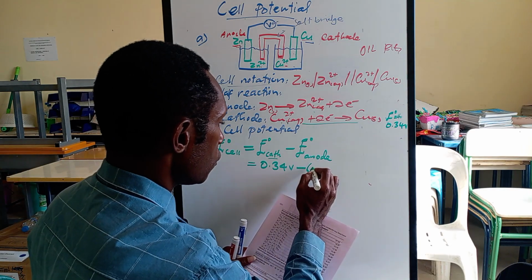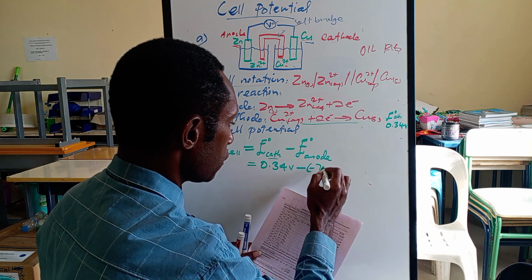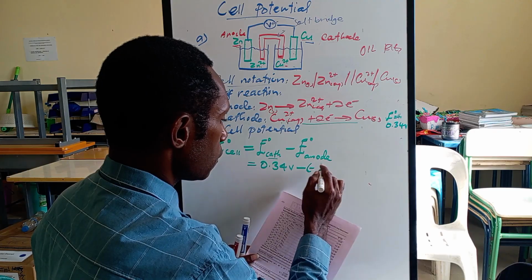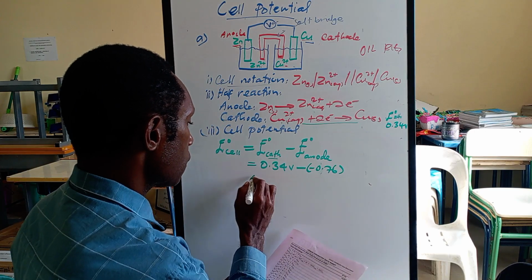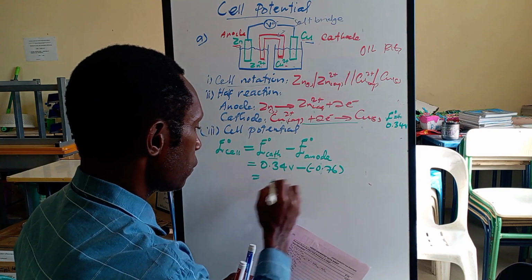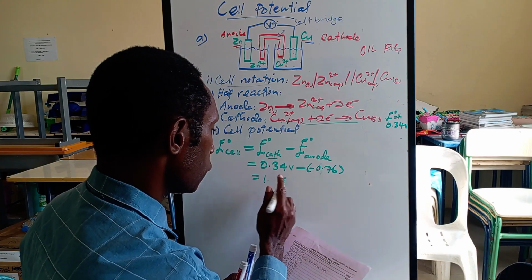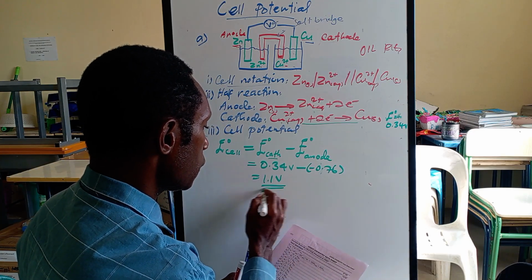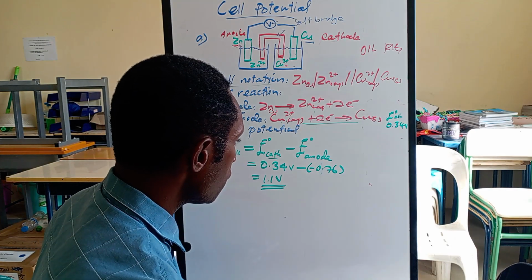Okay, so I'll put a negative over here and then 0.76. Okay, so when you calculate it, we should get 1.1 volts. Okay, so that's the cell potential.